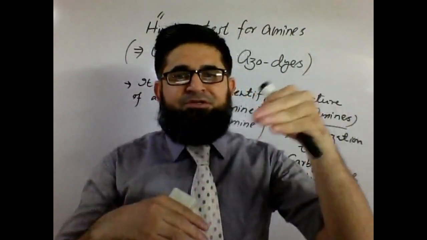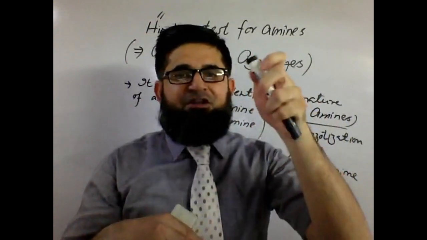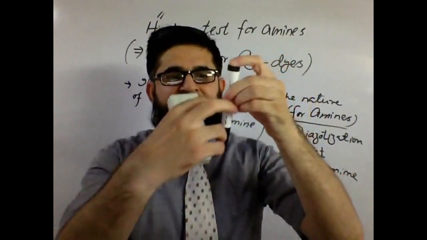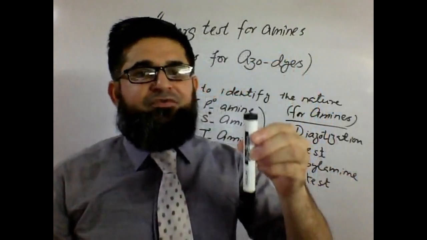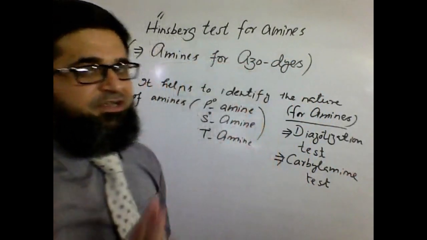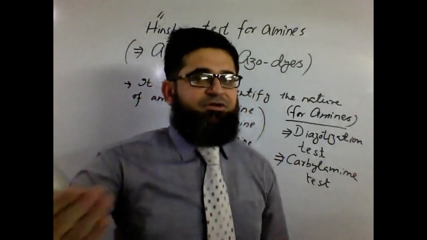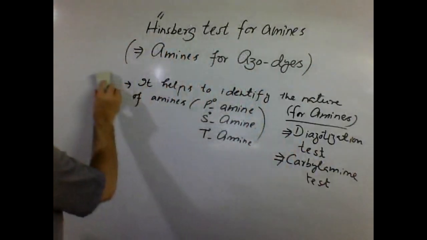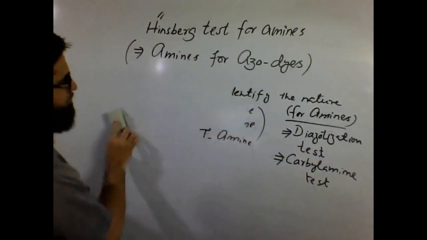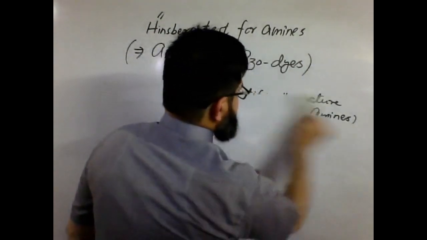So what is the Hinsberg reagent? How does it react with the amine? This is what I'm going to explain to you guys. That is actually the chemistry of the Hinsberg test.